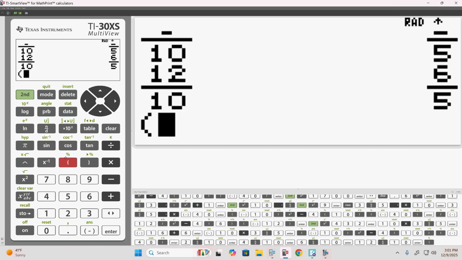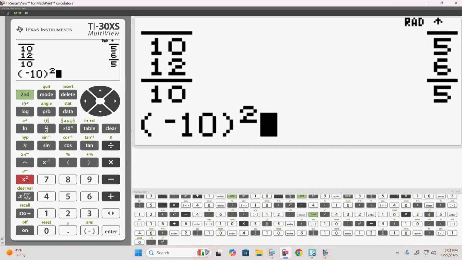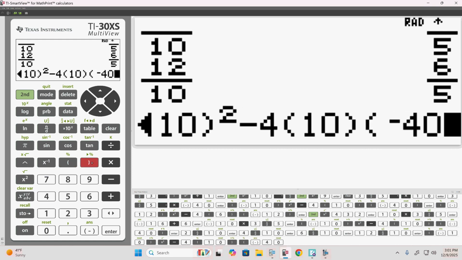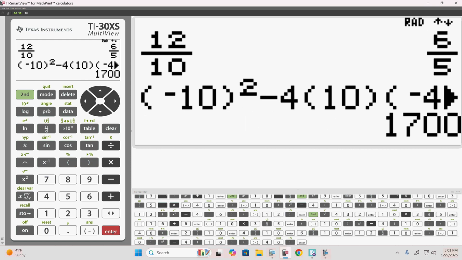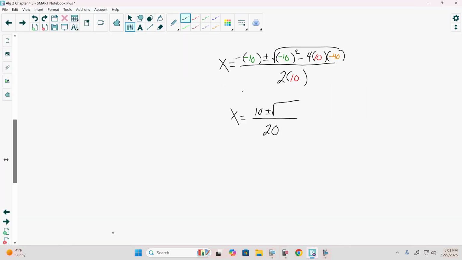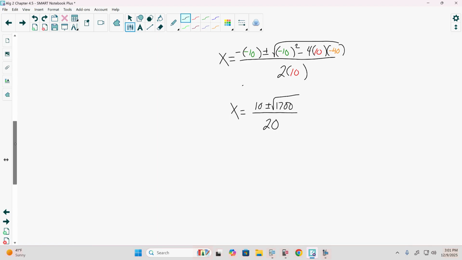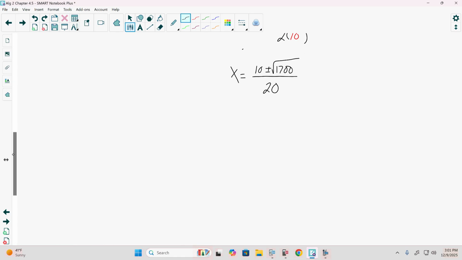At this point, I would definitely type all of that into the calculator and see what we get. So we're saying that everything inside the radical should simplify down to 1,700.